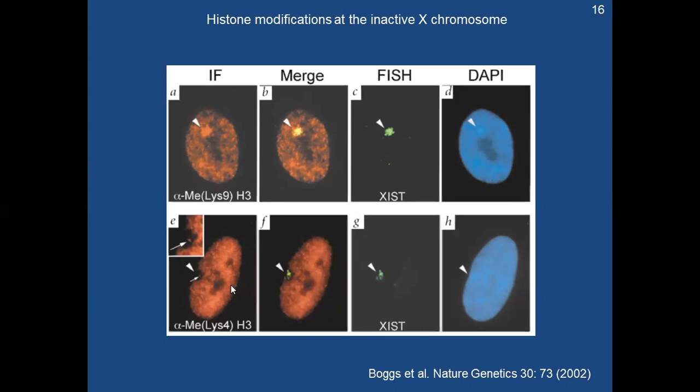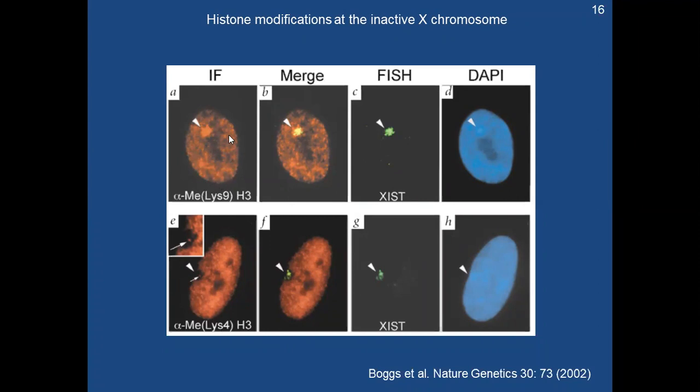Are these expected results or surprising results? How do you interpret these results? So this is the nucleus of a cell. And why is it red like this in different parts?